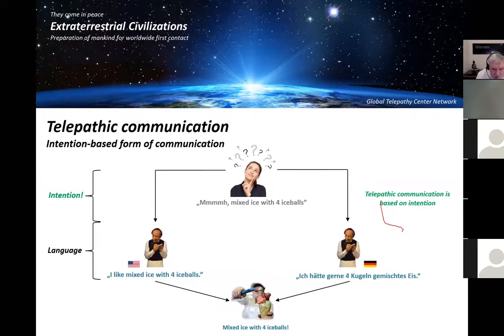And because the intention is available before you start to put words together and use the intonation for the question and this kind of thing, that means that the intention is already available as telepathic communication to your dialogue partner.